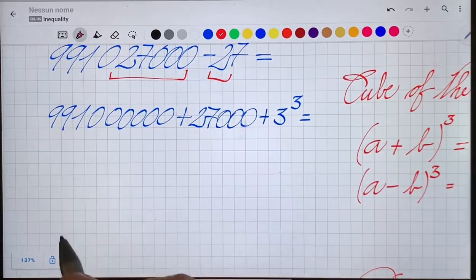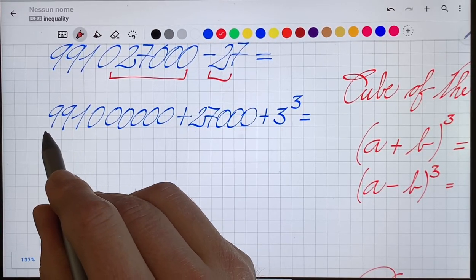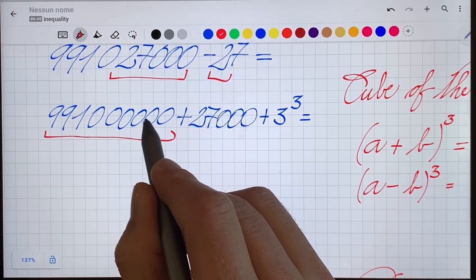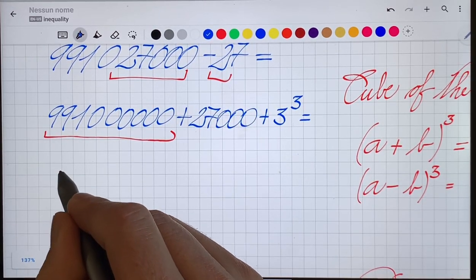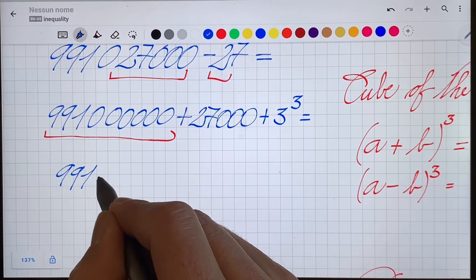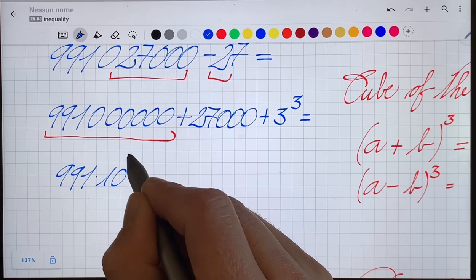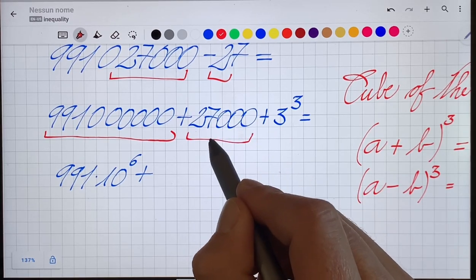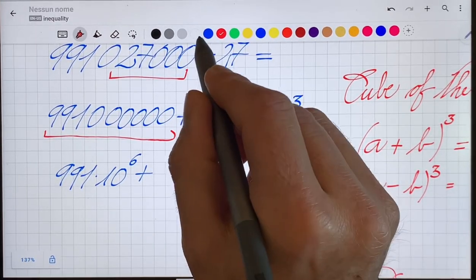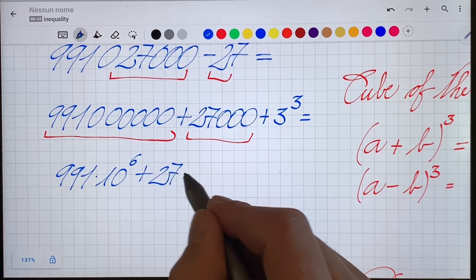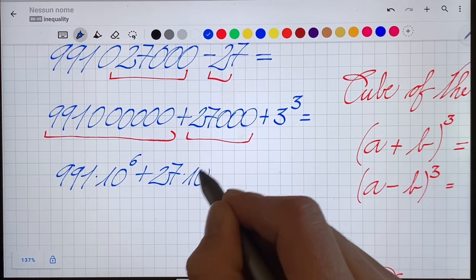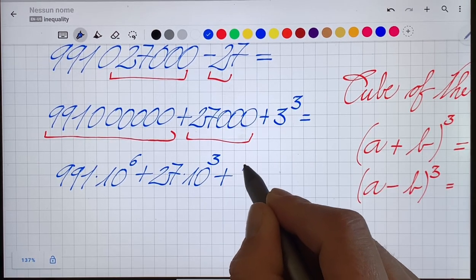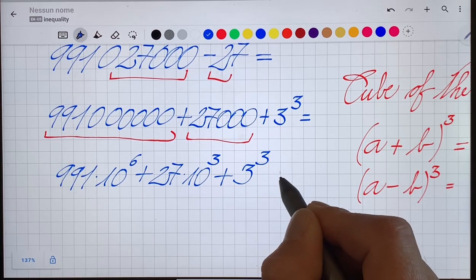Now, I will write this number as power of 10: 1, 2, 3, 4, 5, 6. So I will write 991 times 10 to the power of 6 plus, I will write this as power of 10, so it's 27 times 10 to the power of 3 plus 3 to the power of 3.